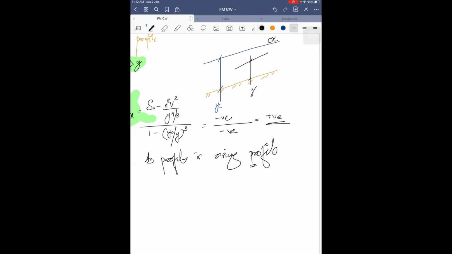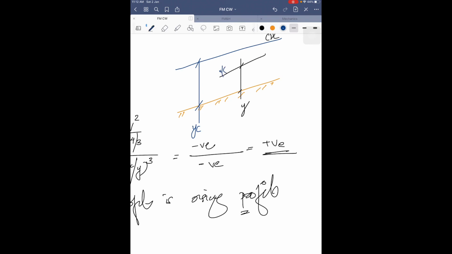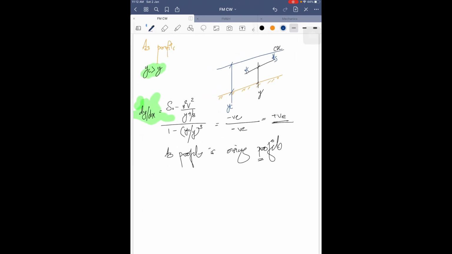Now coming towards the upstream downstream characteristics. At the upstream side, y tends to 0, and at the downstream side, y tends to yc.